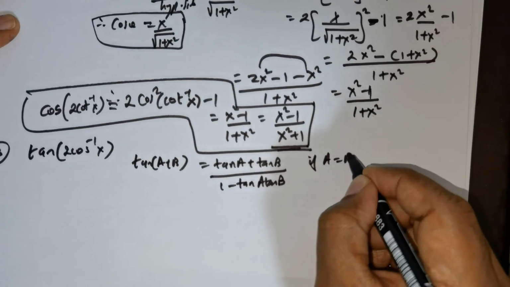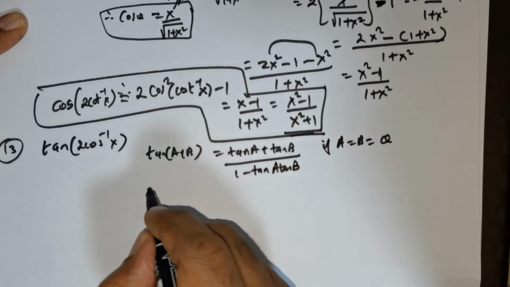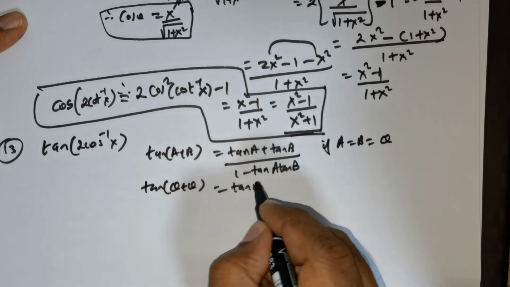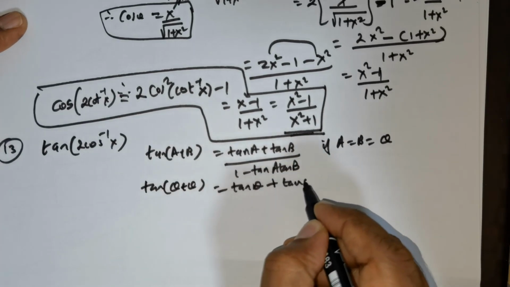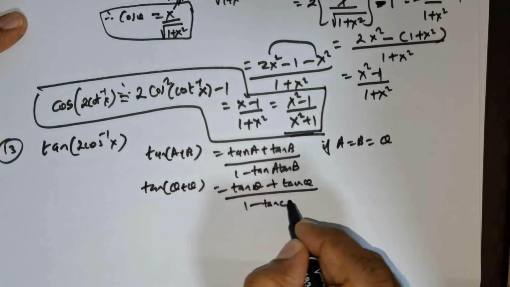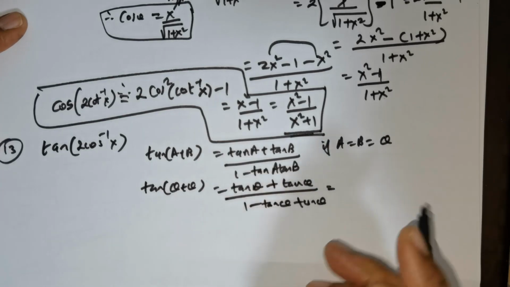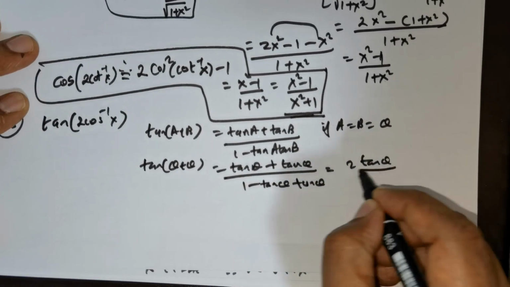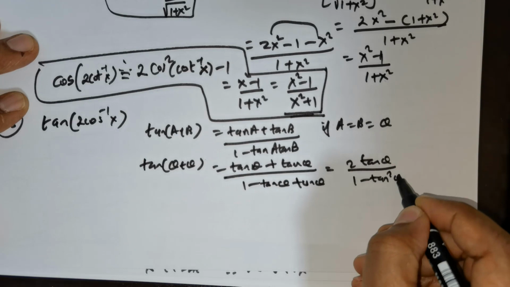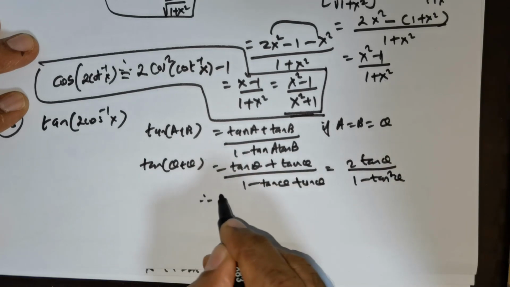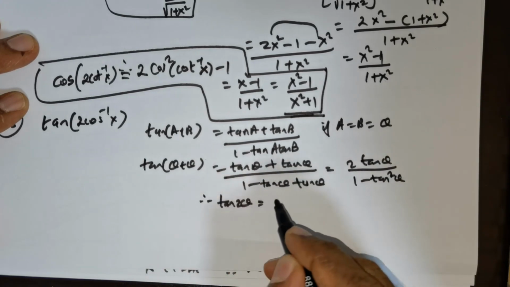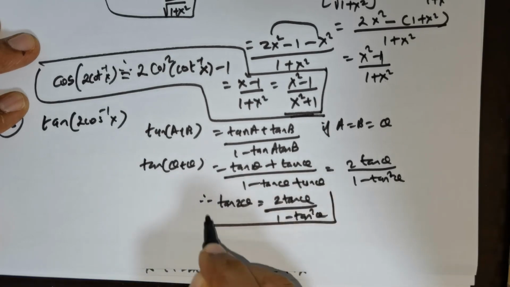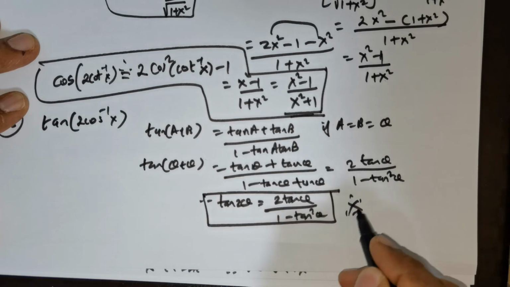Now if a is equal to b is equal to theta, this is going to be tan of theta plus theta, which is tan theta plus tan theta divided by 1 minus tan theta times tan theta, which is equal to 2 times tan theta divided by 1 minus tan squared theta. So therefore we have a result, tan 2 theta is equal to 2 times tan theta divided by 1 minus tan squared theta, which is a very important result.